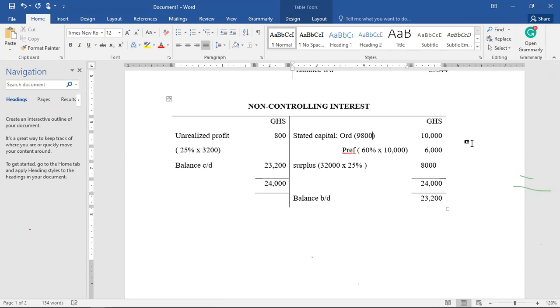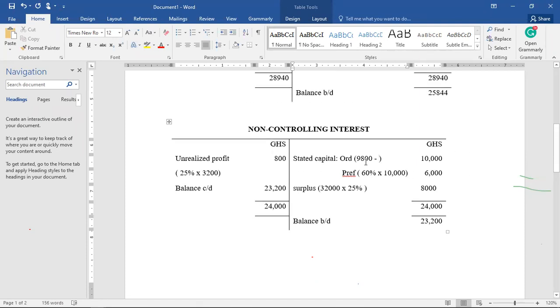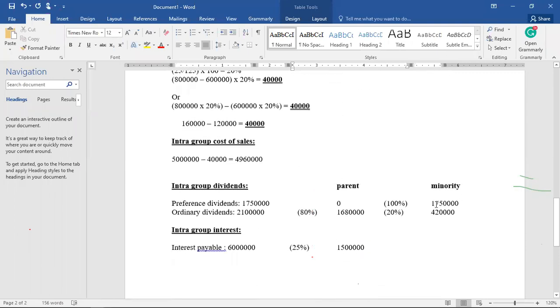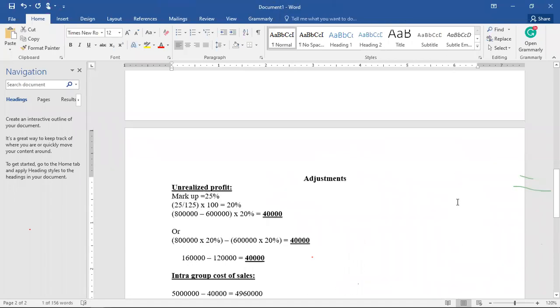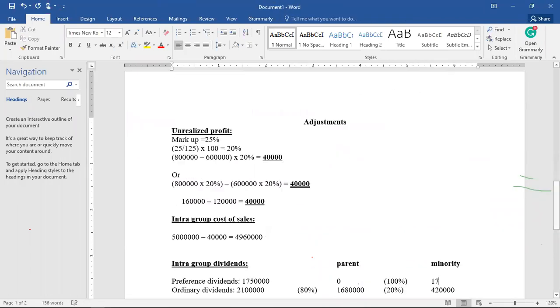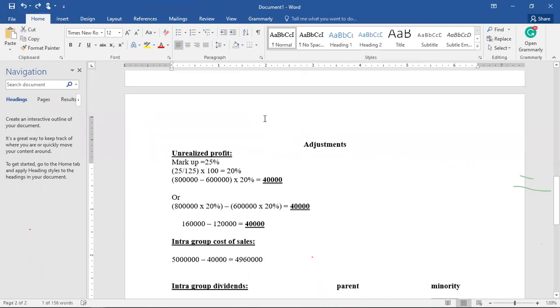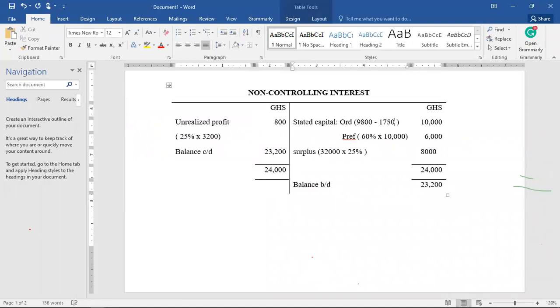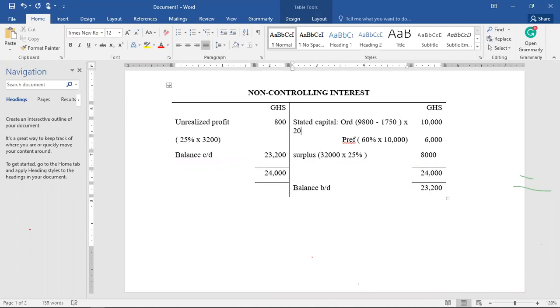$9,800. So 9,800 is the same as the profit after tax minus the minorities dividend receivable. This one is 1,750. Then you multiply by the 20%.